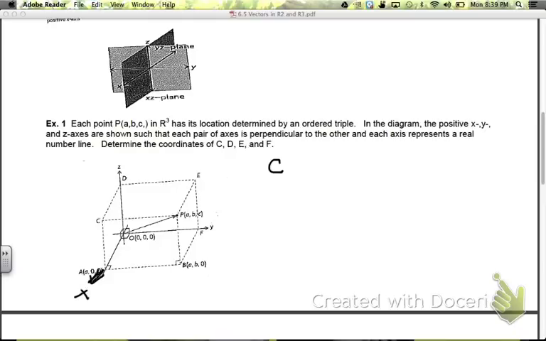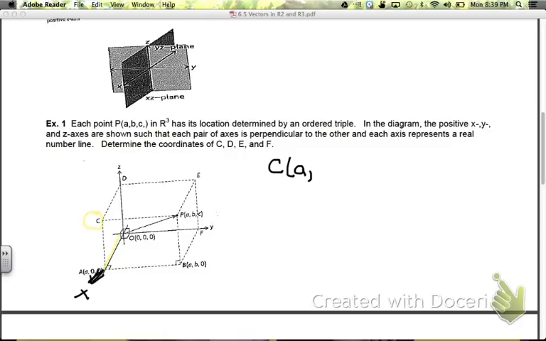Here you can see my z-axis and my y-axis. So from my origin, I want to get up to C. So I'm going to move out to A. Alright, so far I have A, because you do your X, Y, and then Z.